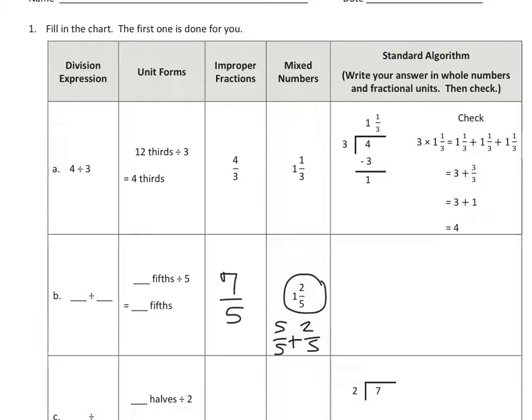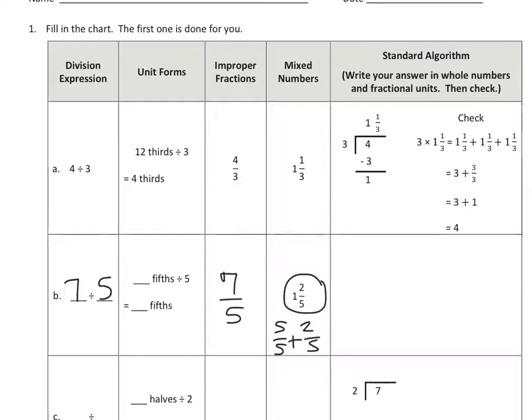Going over to the division expression right here, if I know that the improper fraction, the fraction greater than 1, is 7/5, that means the division sentence is going to be, the numerator is our dividend, which is 7, divided by the denominator, which is the divisor in the division sentence, which is 5. So imagine those 5 crackers, they're all divided up into fifths.